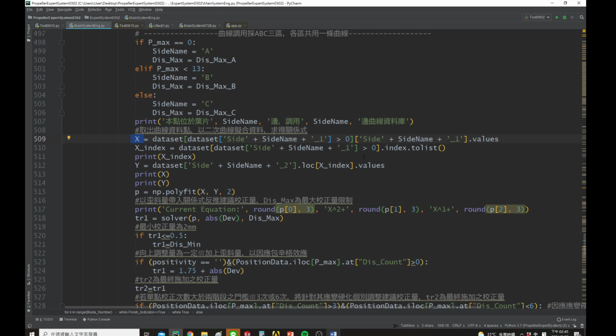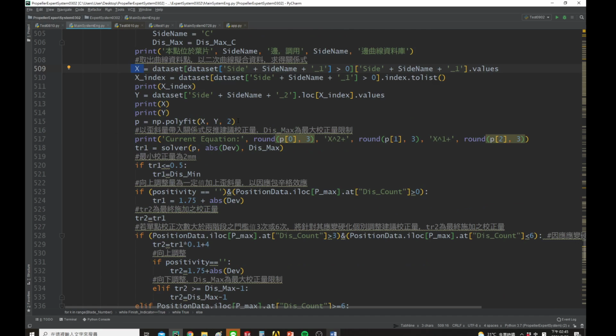Now we have these 2 values, and then we can use the polyfit to do a 2-degree polynomial regression. P is the equation parameters.